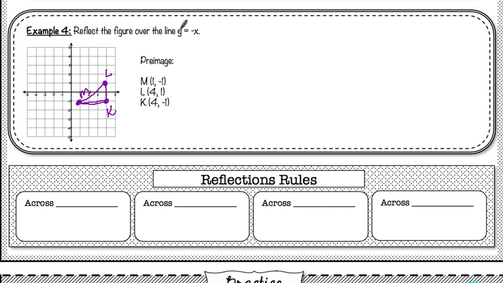If you're not sure what that line looks like, let's review just for a second. Slope-intercept form is y equals mx plus b. This looks a lot like this. We've got y equals negative 1x. I added a negative 1 in here. It was just negative x. It's actually negative 1x.